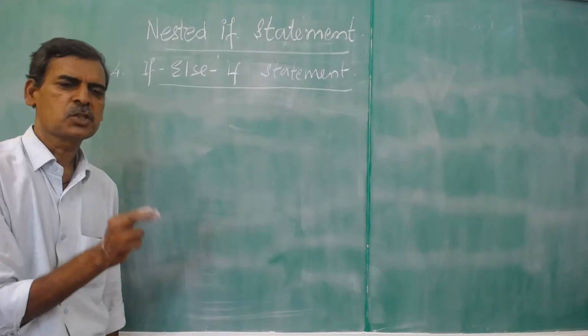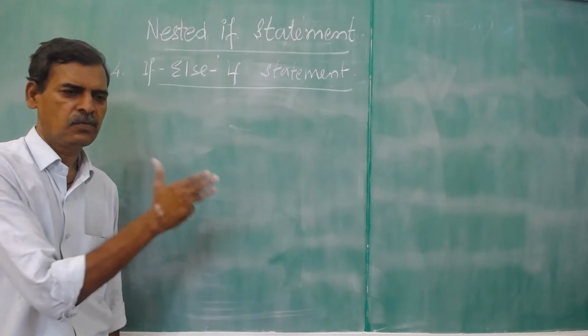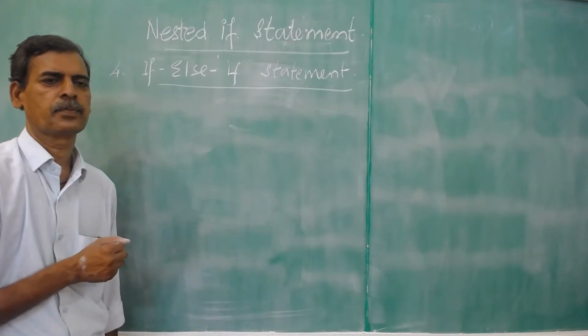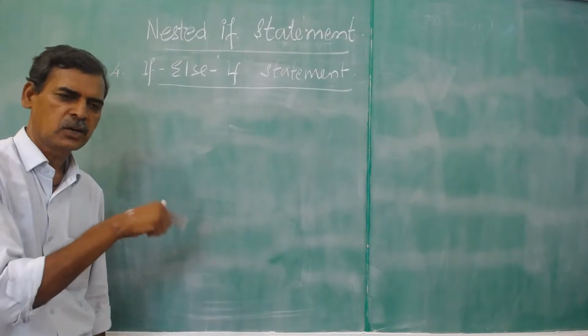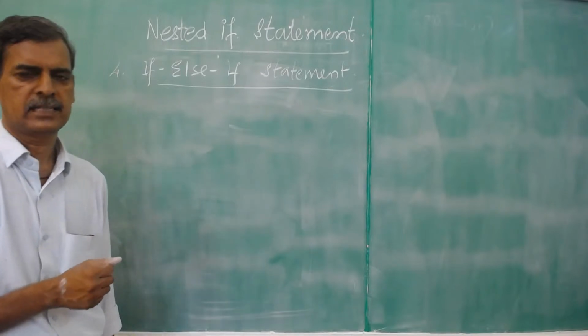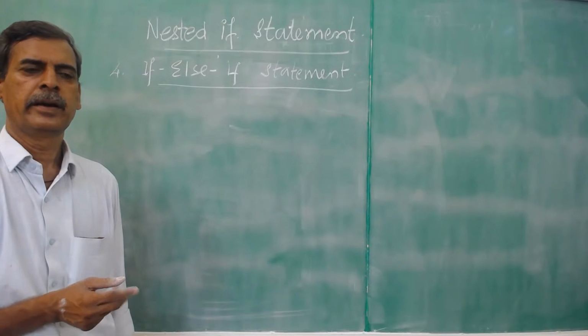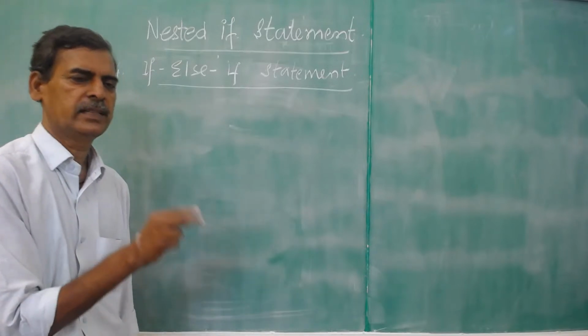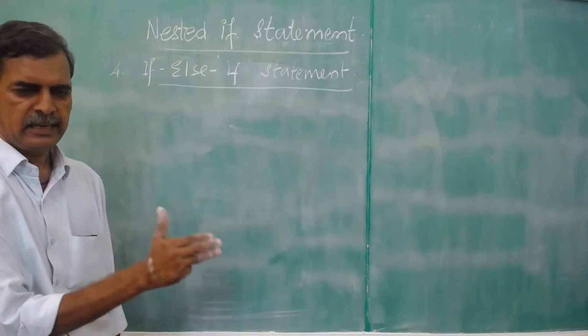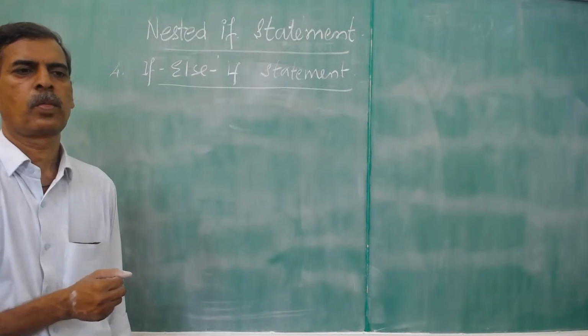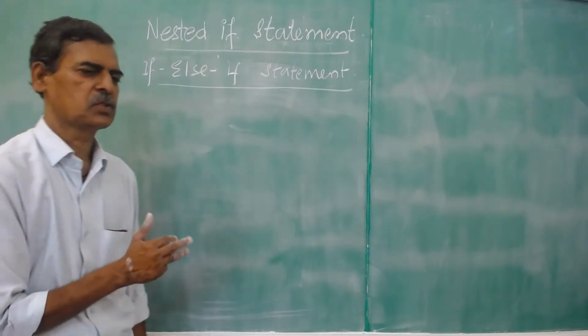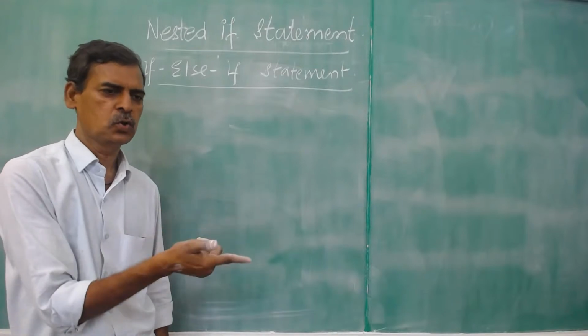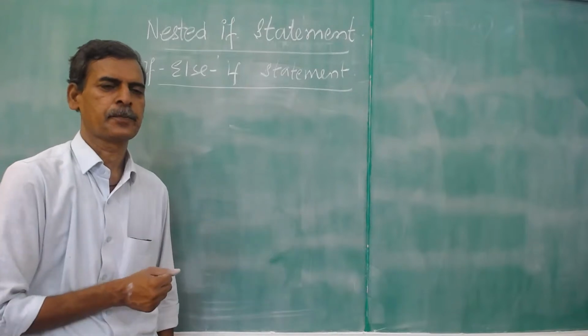If the first test condition is true, then statements in the first block are executed. If it is false, the control goes to the next test condition. If the next test condition is true, then statements in that block are executed. If the second test condition is false, control goes to the third test condition.